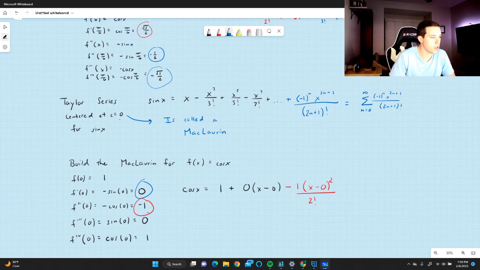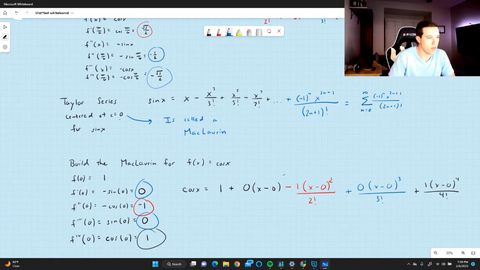I'm hoping you're seeing this. The next term is going to be 0 times x minus 0 cubed over 3 factorial. The next term, we are back to a 1, plus 1 times x minus 0 to the 4th over 4 factorial. Now, what are all these zeros causing to happen? Well, that term's gone and that term's gone because you're multiplying by 0.